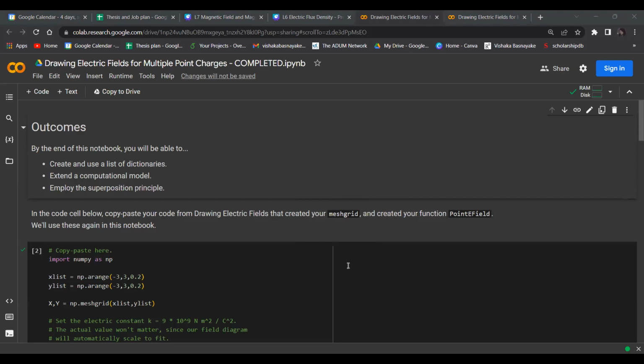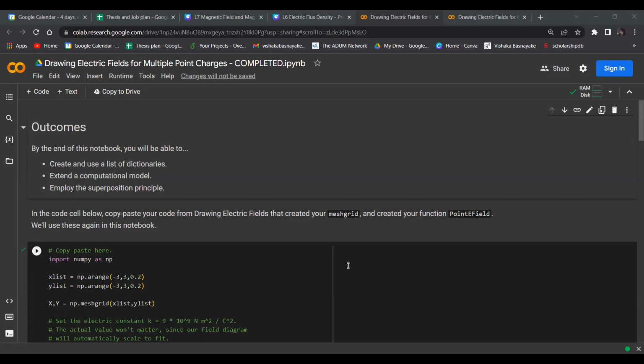Yes, so permittivity depends on the type of material in which the field is available. The permittivity parameter depends on the material of the space.